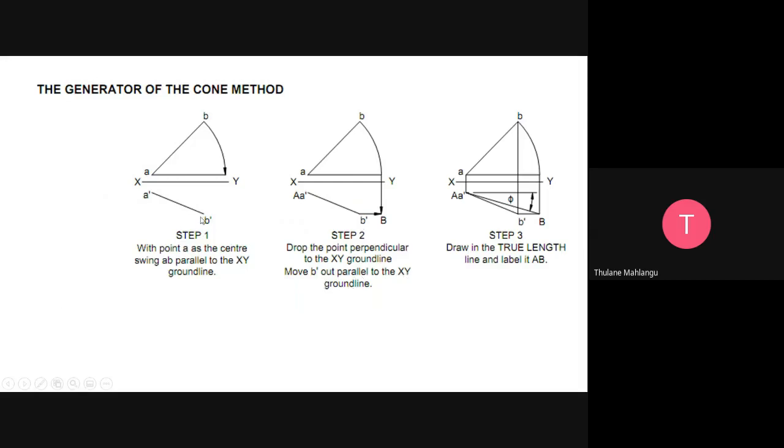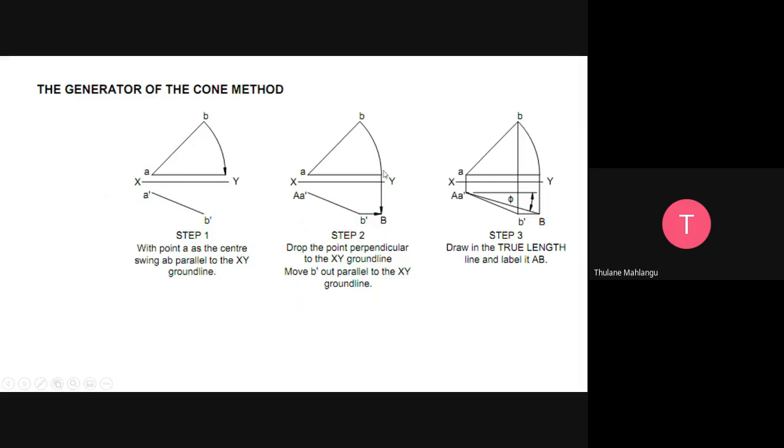So from B prime, you'll have to construct a line to your right that will connect with the line from the front view, that will connect with your new B from the front view there. You will have your new B there.